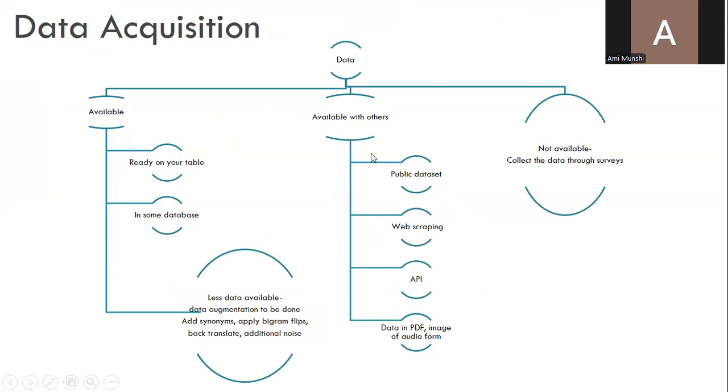With others, in the sense, it could be a public data set, or it is available online on the internet, on the web, and you have to do web scraping to acquire the data, or you might want to use APIs to acquire the data. Sometimes data could be in the form of PDF or images or audio, and then you have to convert the data into a suitable form for your natural language processing algorithms. And sometimes the data is not available at all. In that case, we might want to do some kind of survey to acquire or gather the data. So these are some techniques of data acquisition.